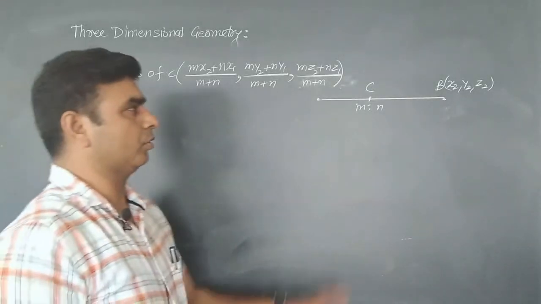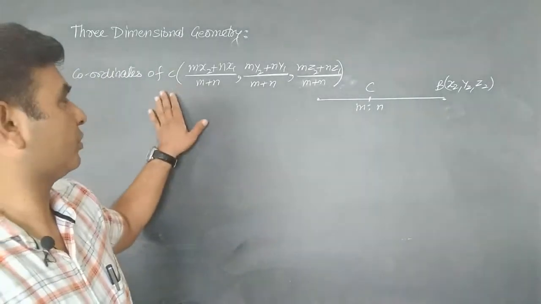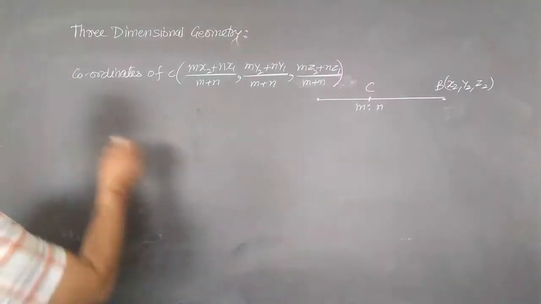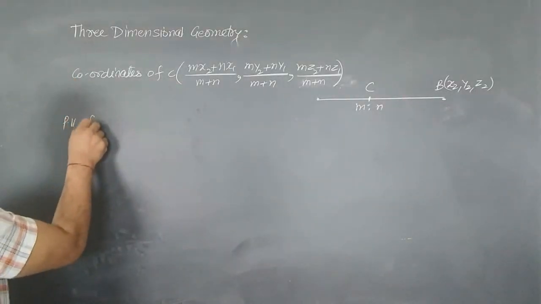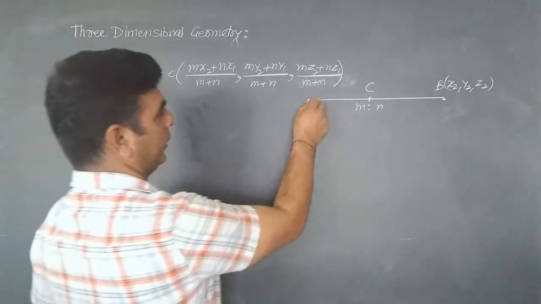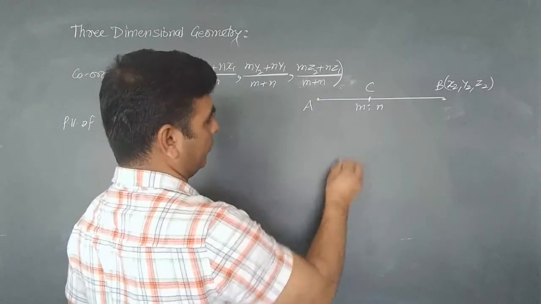And my dear students, you can also represent the coordinates of point C in vector form as a position vector. First of all, we have to find the position vector of point A, which is always measured from the origin.